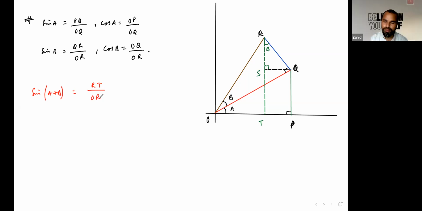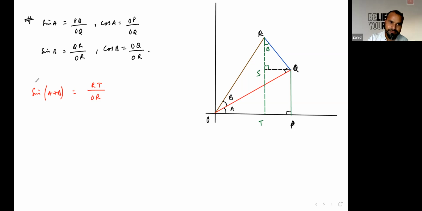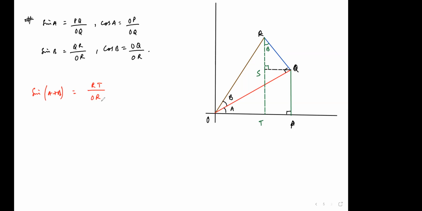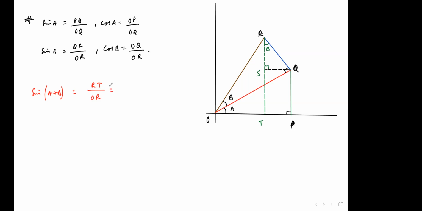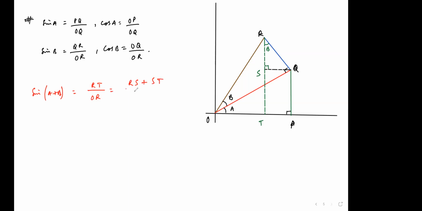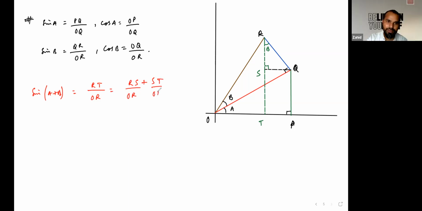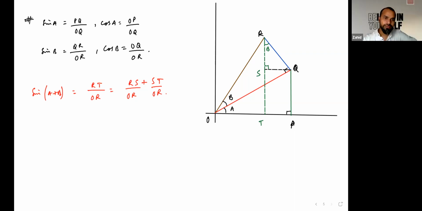In that particular triangle, the total angle is A plus B. So for that angle, sine theta is equal to perpendicular, that is RT over hypotenuse OR. Is it correct? You can transform this RT as RS plus ST, divided by OR. Is it correct? Yes, sir. Now, we can write this as RS over OR plus ST over OR.